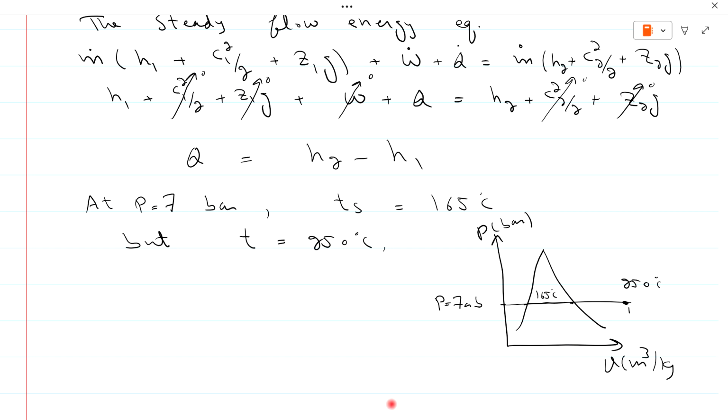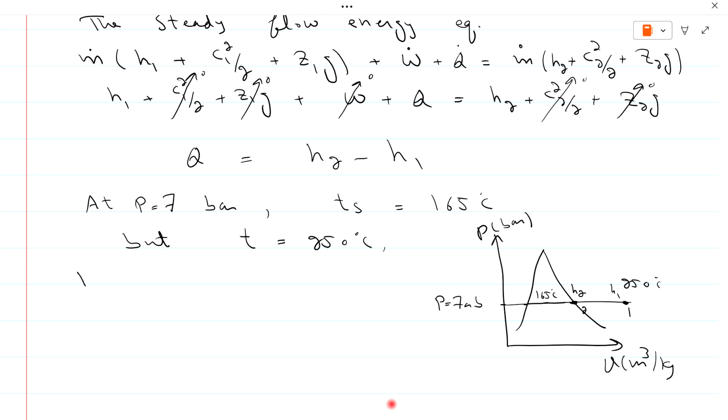So this is point 1, and point 2 is saturation, because at point 2 the vapor starts converting to liquid. So H1 is in the superheated region and H2 is equal to Hg.